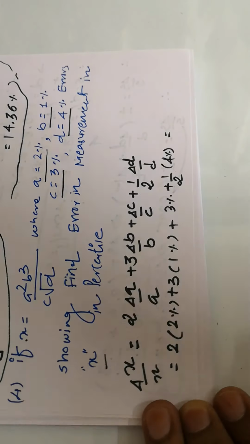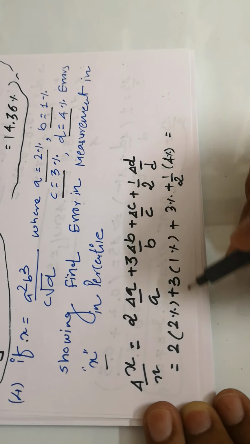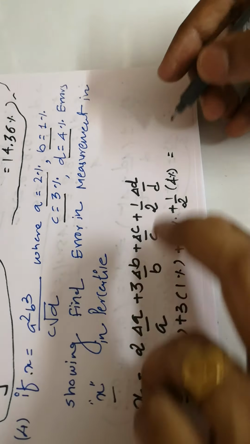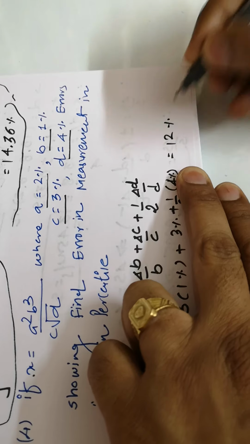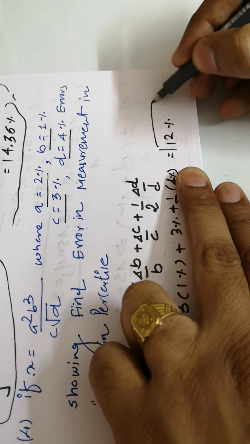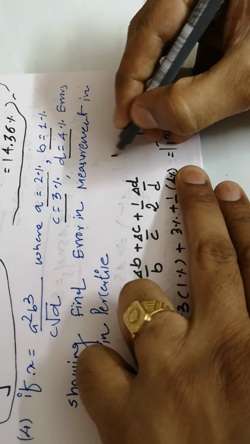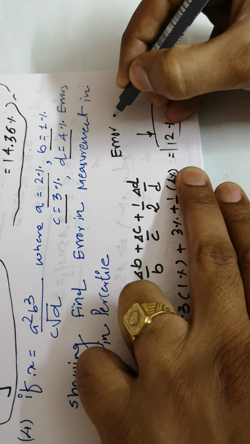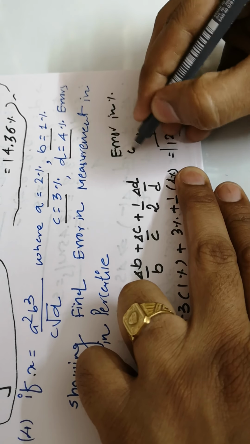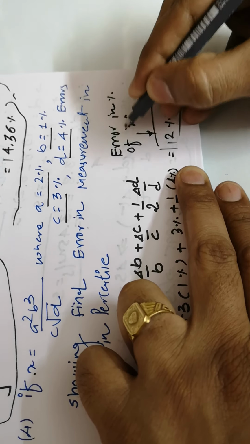So it may give you 4, 7, 10, 12 percent. So this is the error in percentage of x that we have just found. So this is how you can calculate your different types of errors.